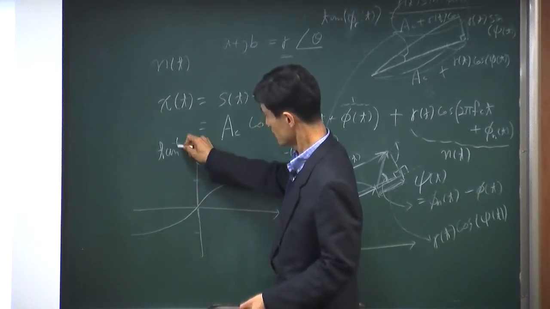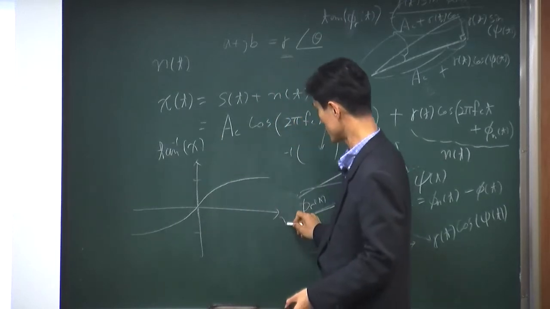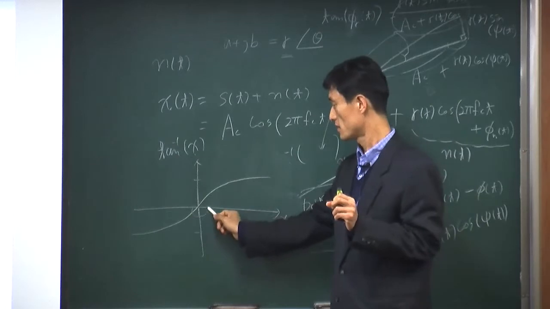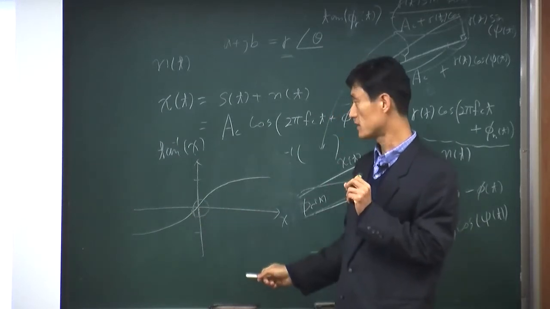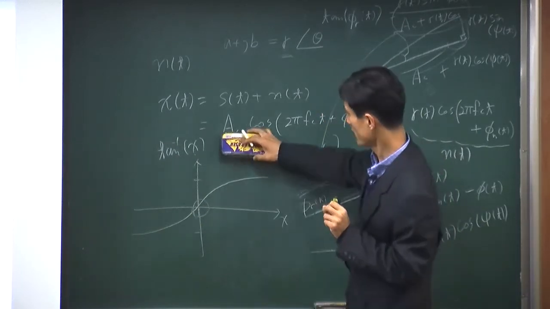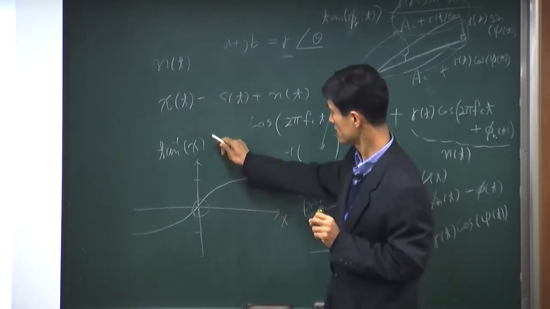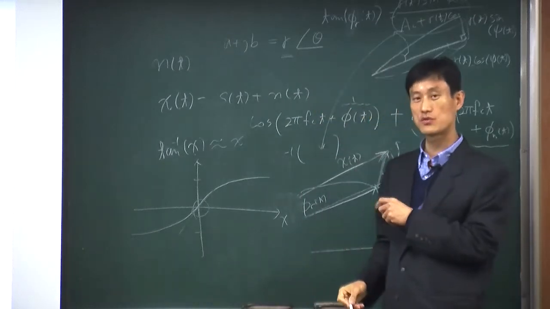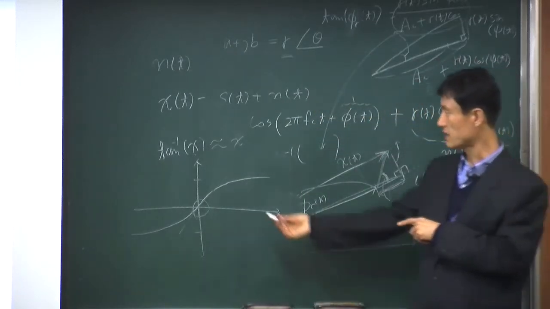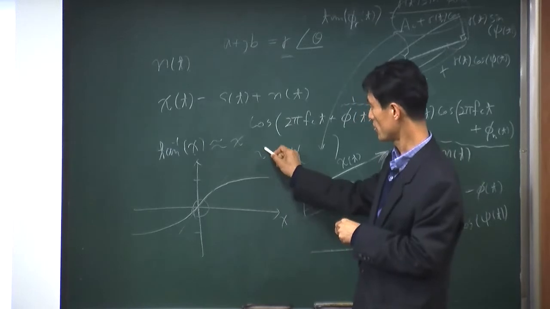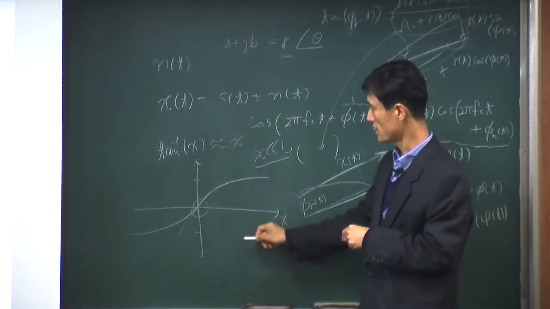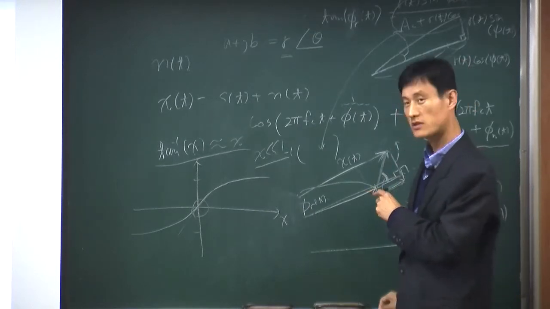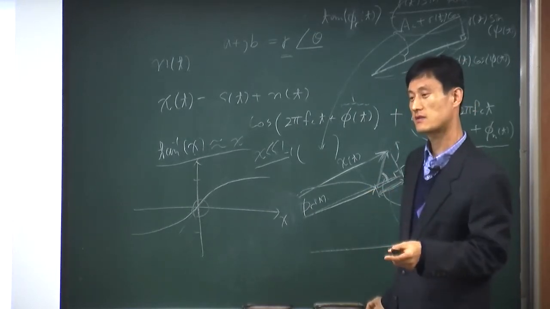If the x in arctangent x is a small value, somewhere here, then we can approximate arctangent x as simply x. We can simply use this approximation when x is small.